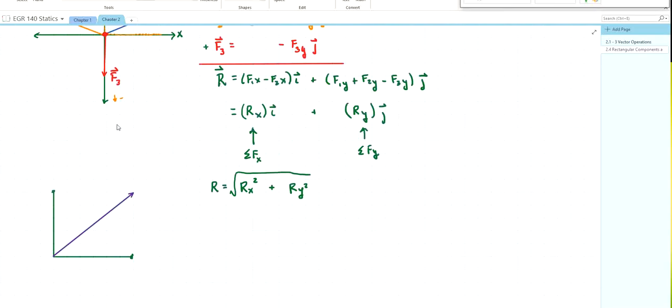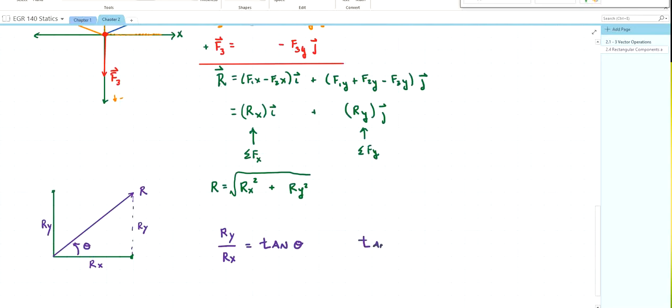So then if this is R, and this of course was Rx, and this is the length Ry, well, this is also the length Ry, which means we have a theta, and we can find the direction of R with respect to the x-axis as Ry, opposite over adjacent, equals the tangent of theta.